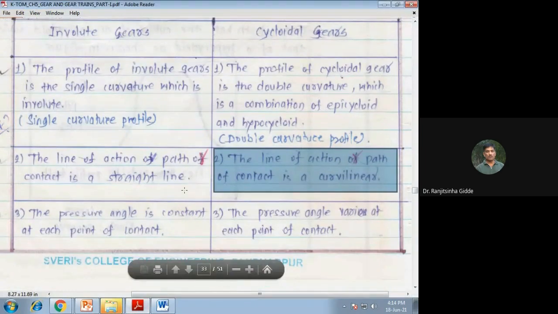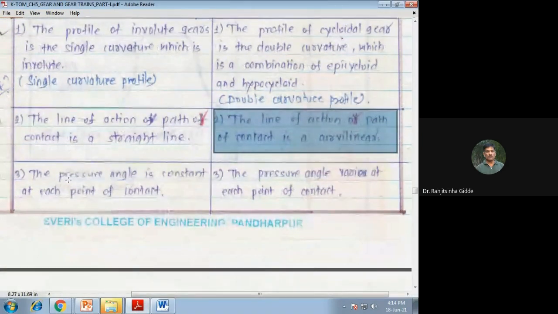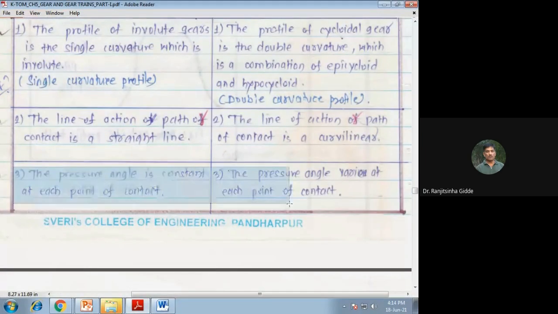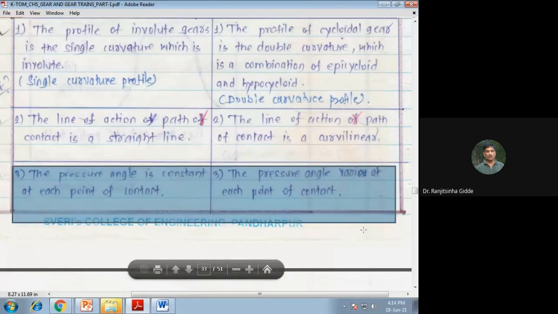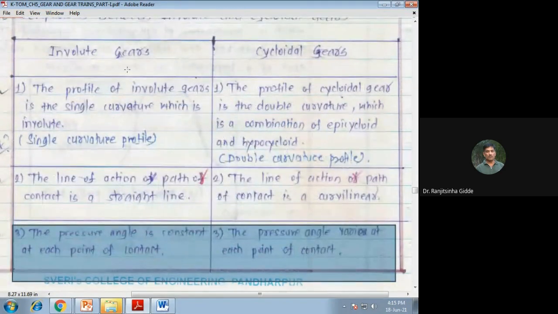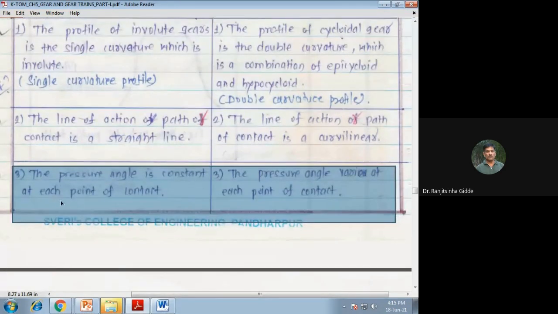Okay. Next, you can write the third difference. Now concentrate here. Third difference with respect to the involute: the pressure angle is constant at each point of contact.